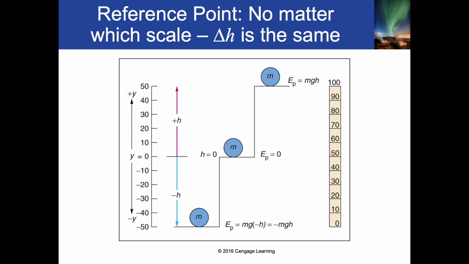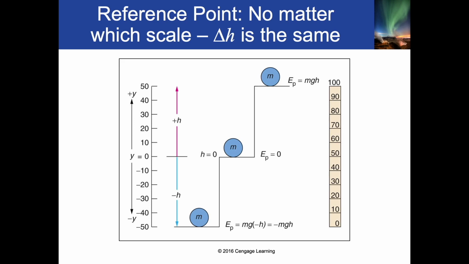The reference point. No matter which scale you use, delta H is always going to be the same. Okay, delta H is always going to be the same. So here we have the reference being 0 in the middle here, right? So here's 0. We always think of the up and down, the vertical, being y, right?